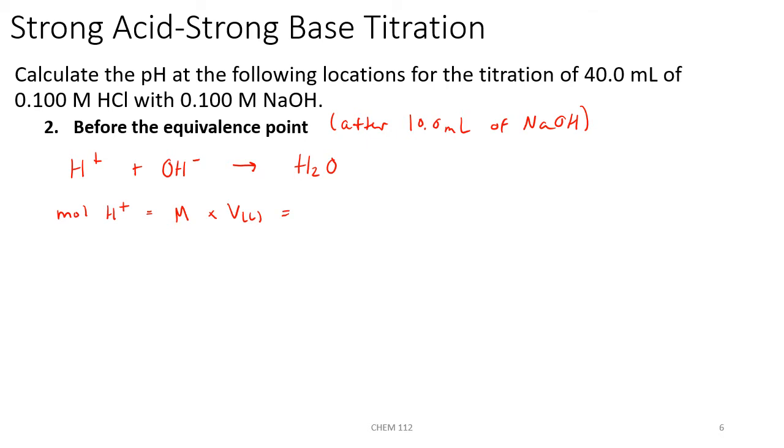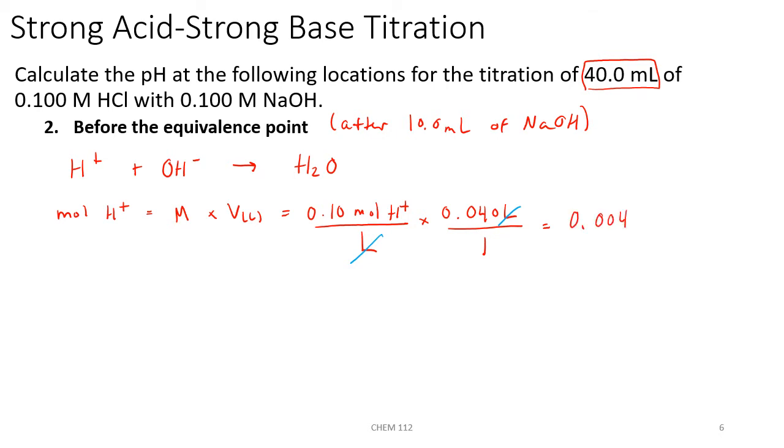Our molarity of our hydrochloric acid was 0.1 moles of hydrogen ion per liter, and we were told that we had 40 milliliters of our strong acid in our flask. So we're going to multiply by 0.040 liters. That leaves us with our units in moles. Initially, before any base was added, we had 0.004 moles of acid in our flask.